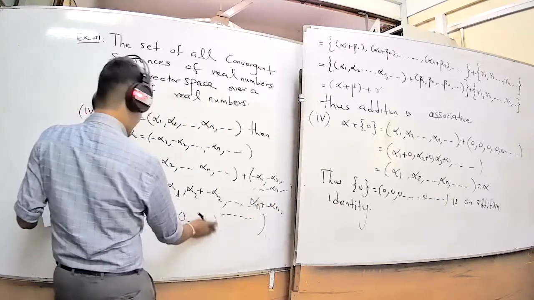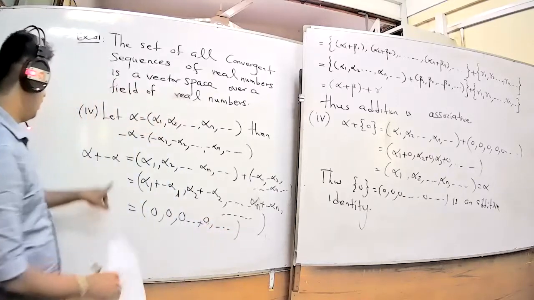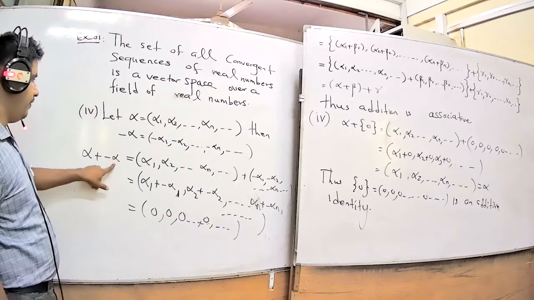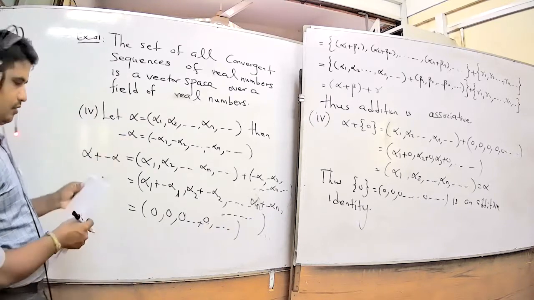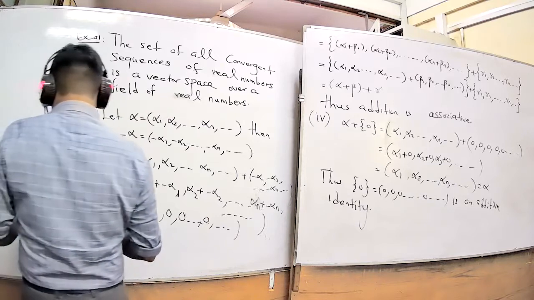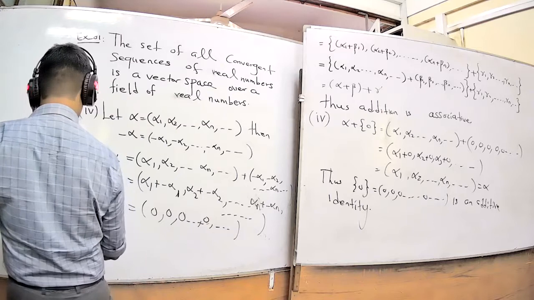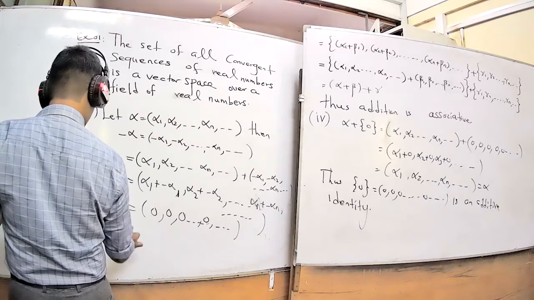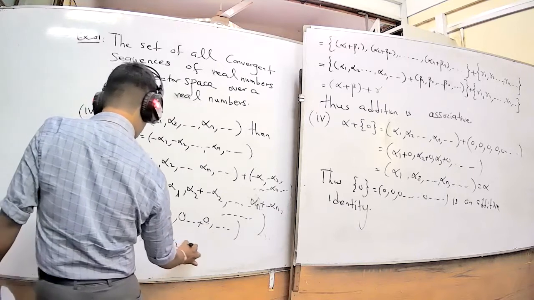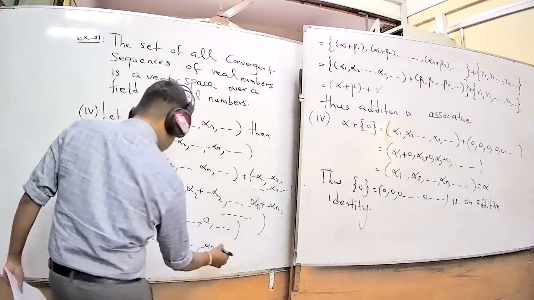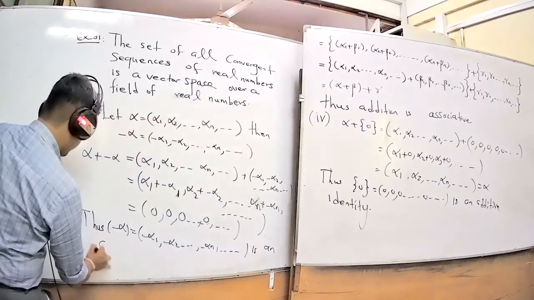It is your additive identity. Then this is your additive inverse. Thus minus alpha, which is minus alpha 1, minus alpha 2, and so on, minus alpha n, and so on, is the additive inverse.